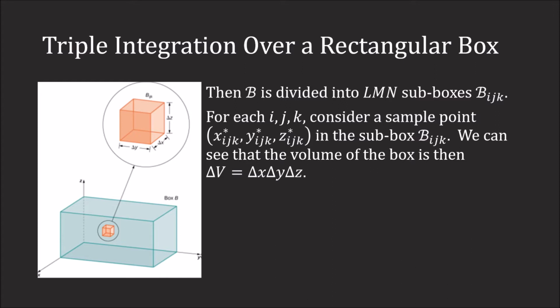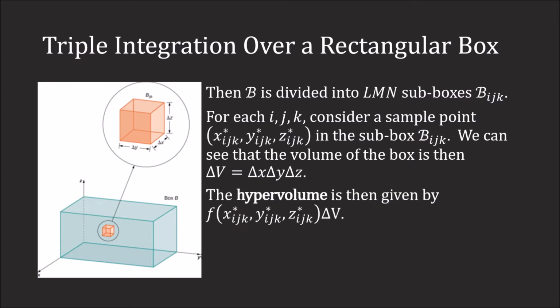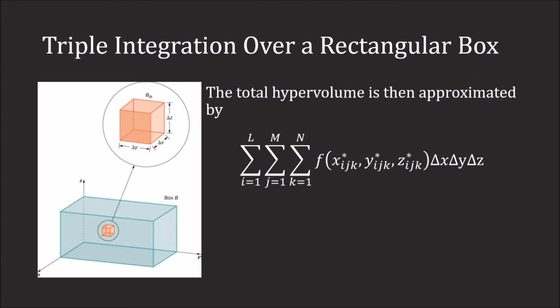The hypervolume is then given by f of this sample point times delta V. Now the hypervolume is just the four-dimensional analog of volume, just as volume was the three-dimensional analog of area. The total hypervolume is then approximated by this triple summation. We call this a triple Riemann sum.